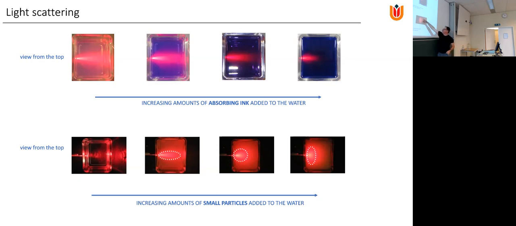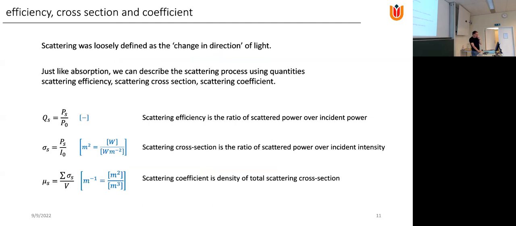What you really see in scattering is a redistribution of the light. It is not absorbed in this case, it just changes direction. So scattering is loosely defined as the change in direction of light.